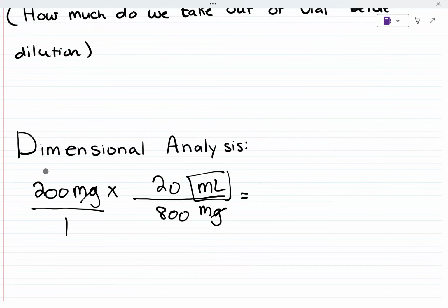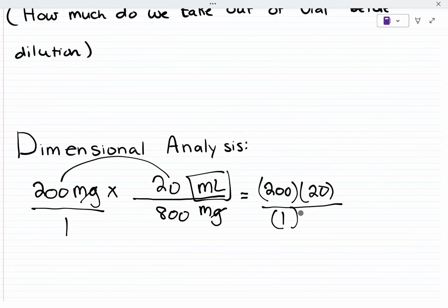Go ahead and multiply across, because we are multiplying fractions. Multiply 200 by 20, and then it's going to be 1 times 800. 200 times 20 is 4,000, and 1 times 800 is 800.